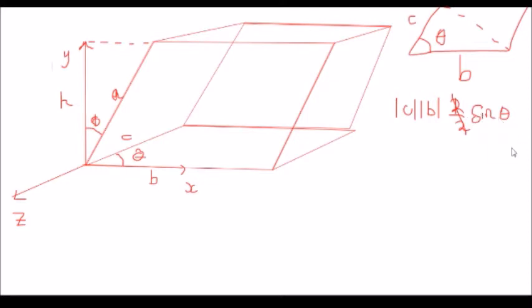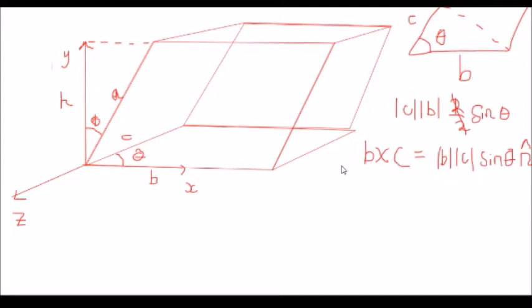sine of theta. Now you may recognize this because you may realize that b cross c, the cross product of b and c, is actually equal to the magnitude of b times the magnitude of c times the sine of the angle between them. So already we're very, very close to what we've got up here, but then times this unit vector n, where n is perpendicular to both b and c.